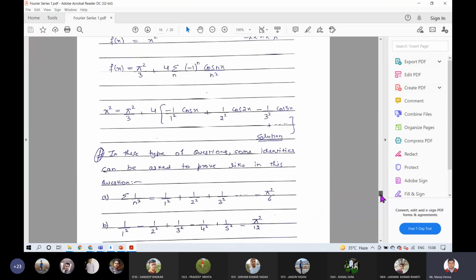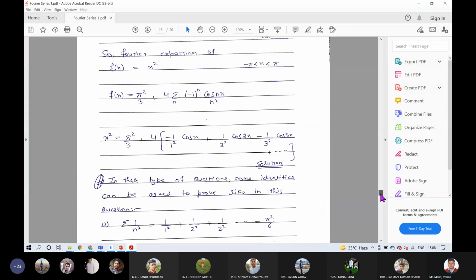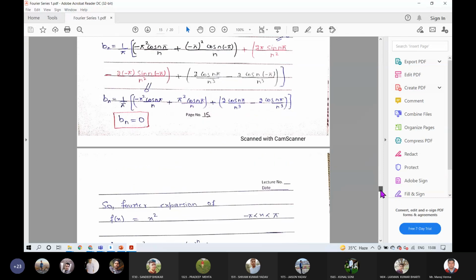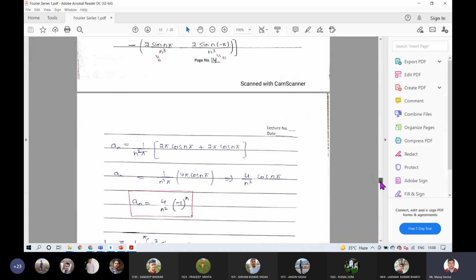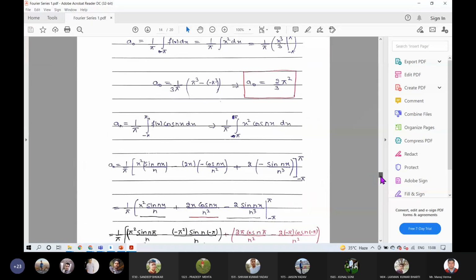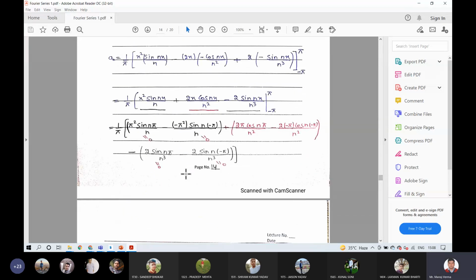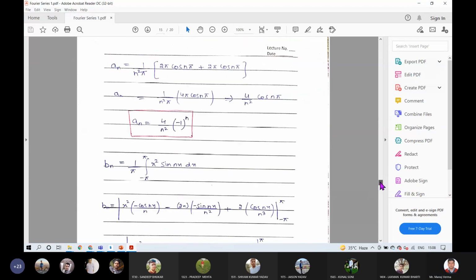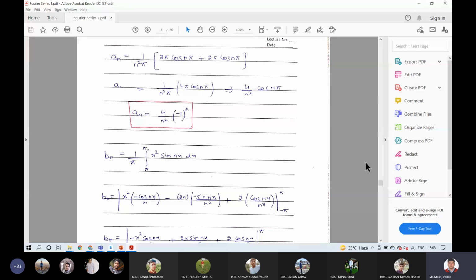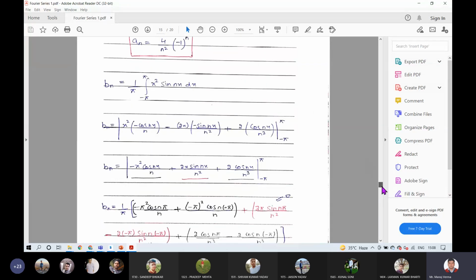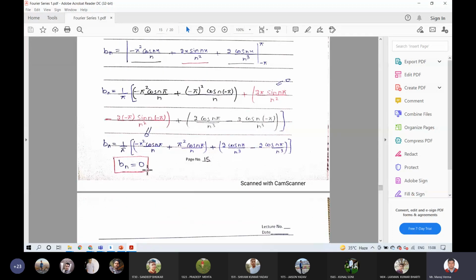So if I see, a naught was 2 by 3 pi square, an was 4 by n square minus 1 raised to the power n. But yes, after the whole calculation, we have seen that bn is coming to be 0.